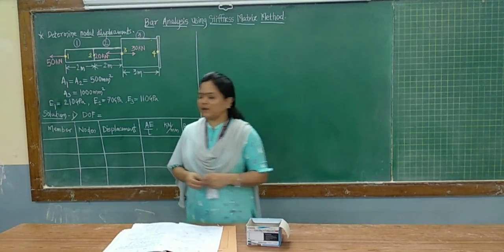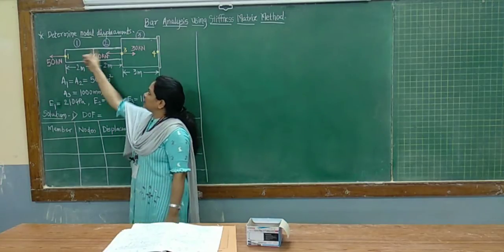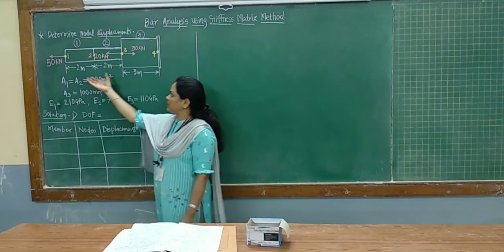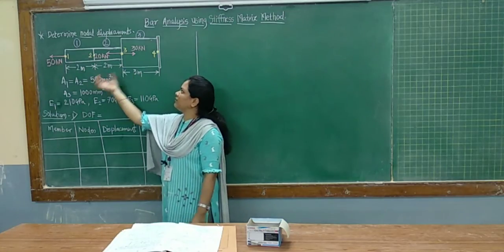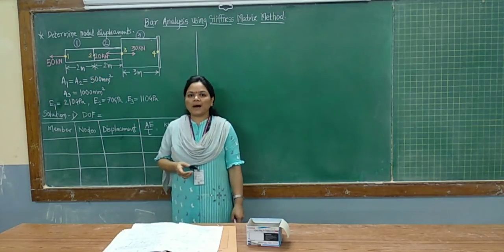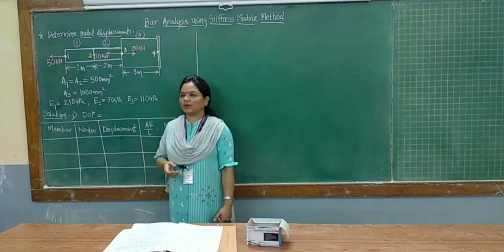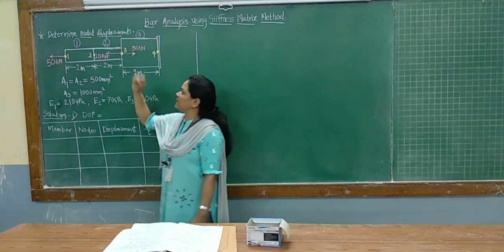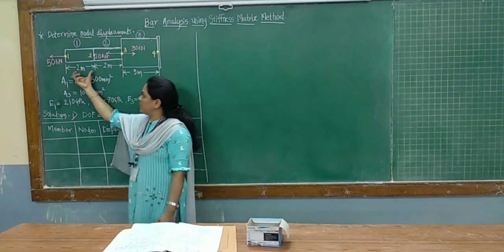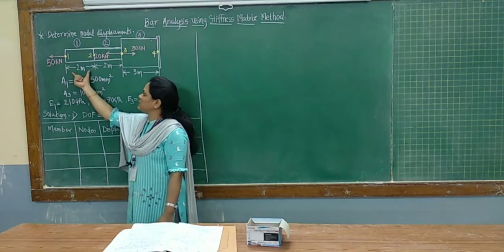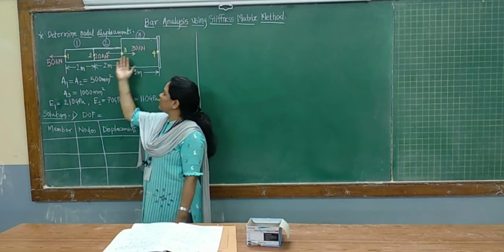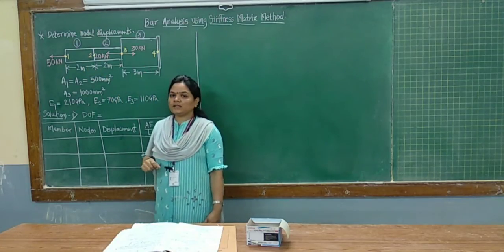So, the problem statement here: determine the nodal displacement. The figure is given here, with three bar elements of different cross sections connected together. This is the first member, second member, and here the third member. The first bar element is 2 meter, the second is 2 meter, and the third is 3 meter.